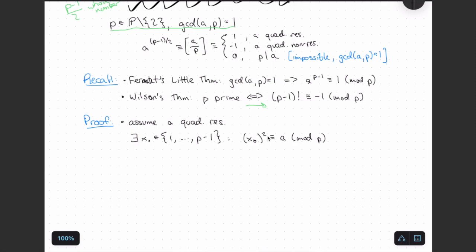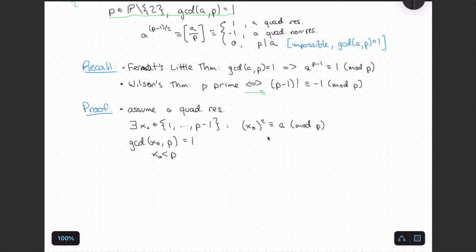Now, let's check very quickly if we can apply Fermat's little theorem. So the GCD of x naught and p is 1. Now, why is it 1? Well, p is a prime number, and x naught is a number such that p does not divide x naught, right? Because x naught is automatically less than p, so p cannot divide it. On the other hand, p is a prime, so every number that it doesn't divide, it's automatically coprime with.